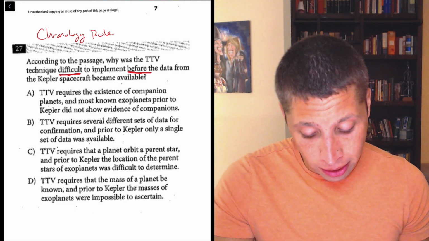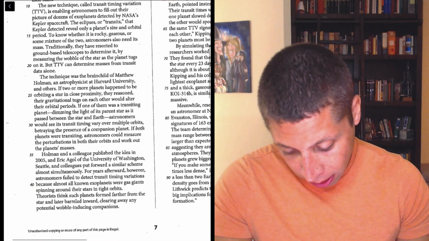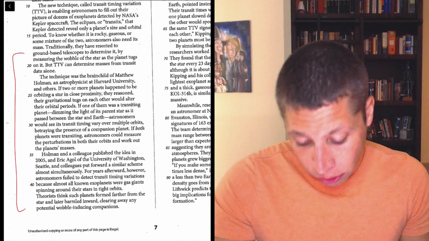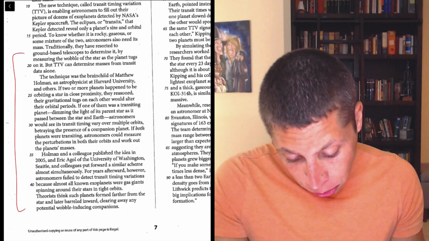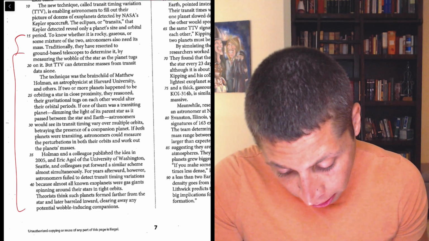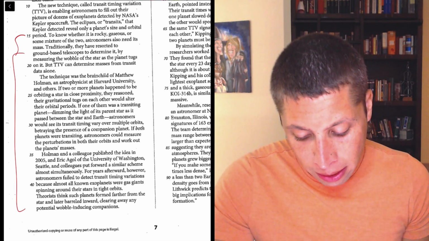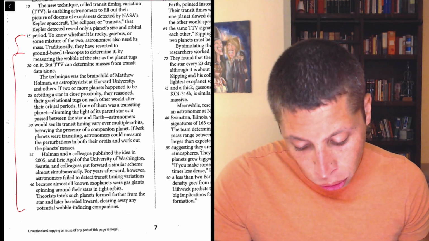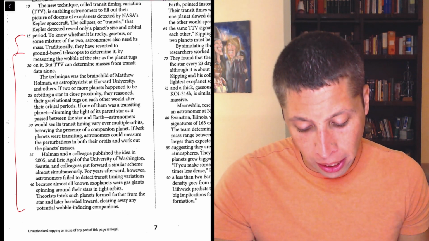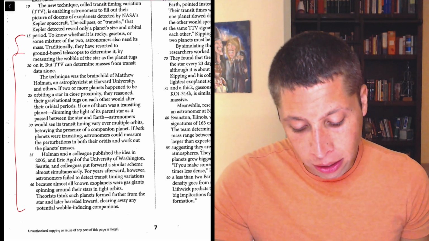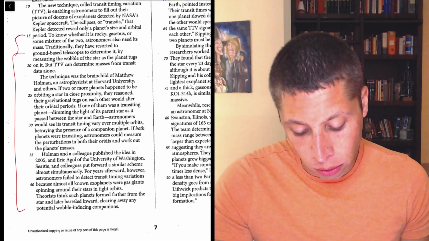So let's take a look at the 17 to 45. So it's basically here. So why was it difficult? Okay, traditionally they have resorted to ground-based telescopes to determine it, so maybe we should go back a little bit here. To know whether it is rocky, gaseous, or some mixture of the two, astronomers also need its mass. Traditionally, they have resorted to ground-based telescopes to determine it by measuring the wobble of the star as the planet tugs on it, but TTV can determine masses from transit data alone.